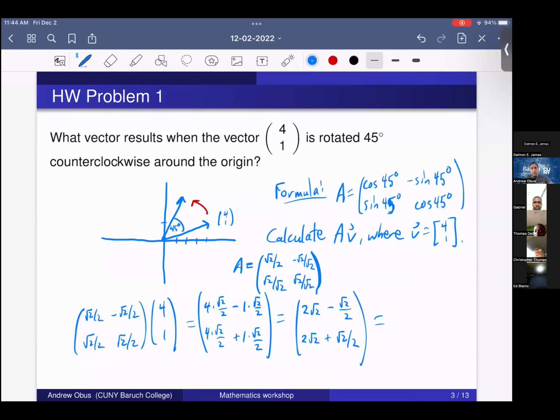Right. And let me just say, what is this in terms of decimals?